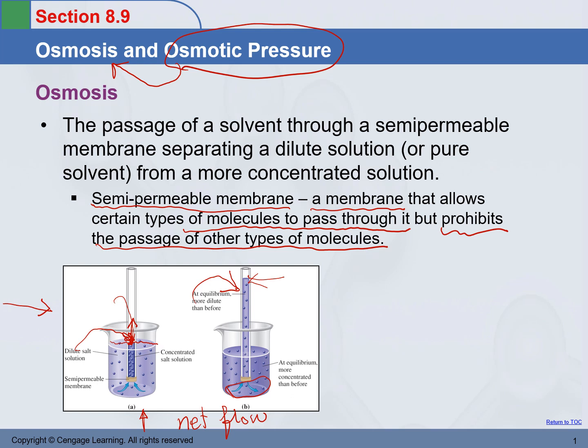At that moment, the surface of the liquid in the tube will stop rising. So osmosis is actually a process. You will see a net flow of solvent from the diluted end to the more concentrated end of the solution. That is osmosis.